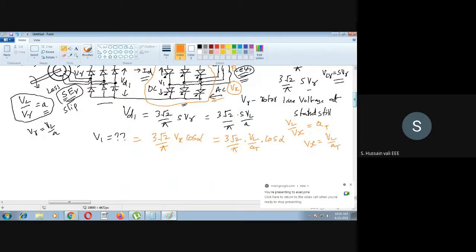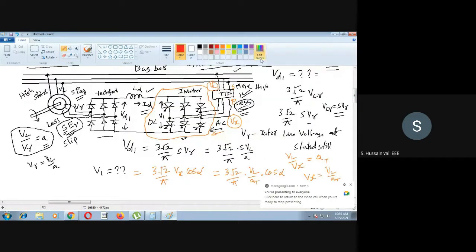Now we will see the observation. If you look at the circuit diagram, we will apply KVL here.